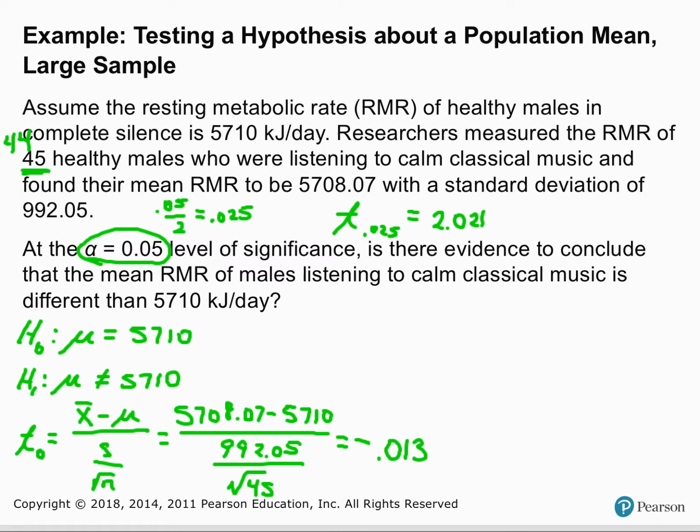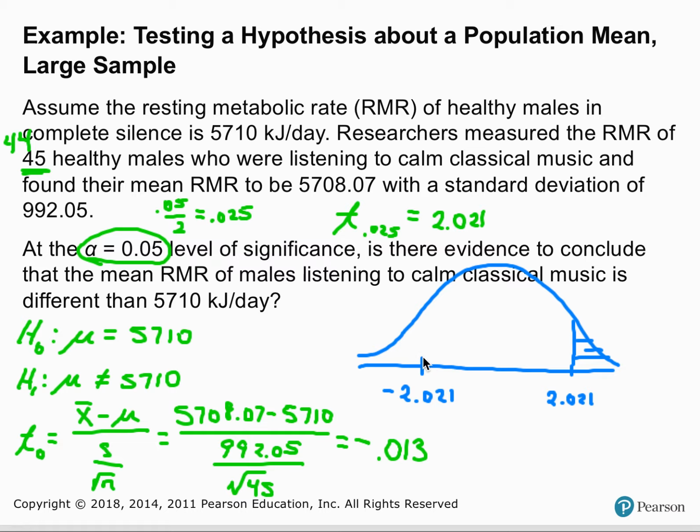So what that means is I have negative 2.021 here, positive 2.021 here, and this is our critical area. Anything in there.